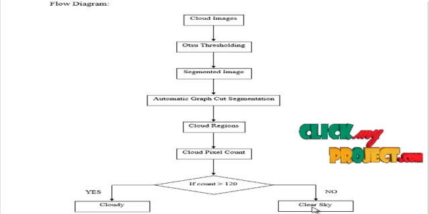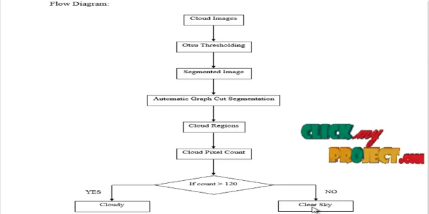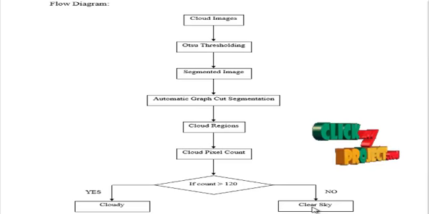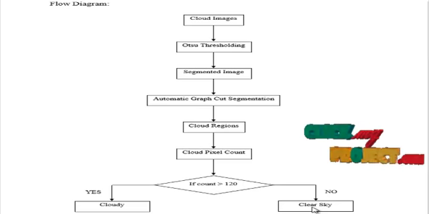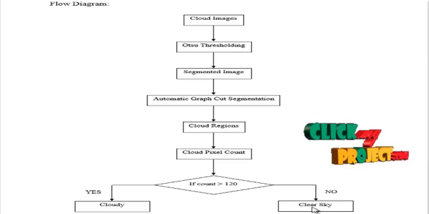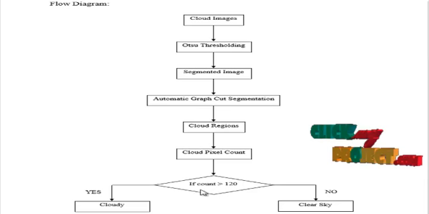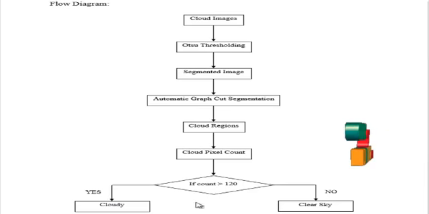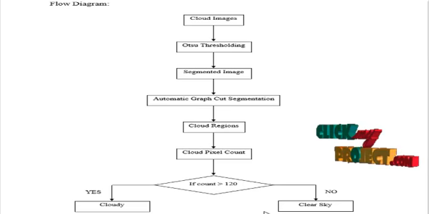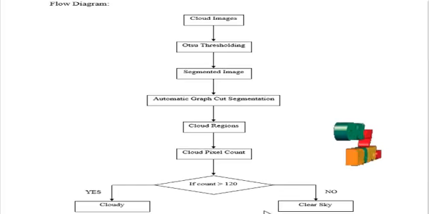Automatic graph cut segmentation identifies the exact cloud regions in the input images based on the identification of the overall image pixels that contain the cloud regions alone. Thus, we classify the input images into cloudy or clear sky based on the segmented cloud pixels and their counting.